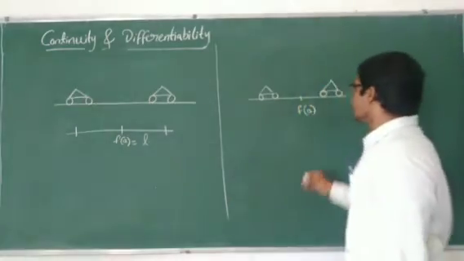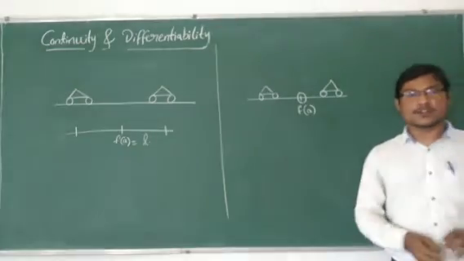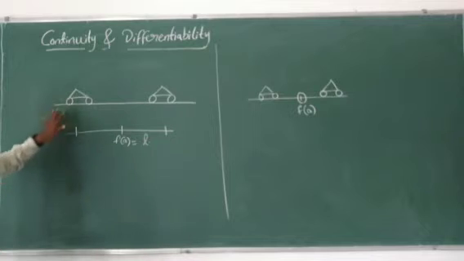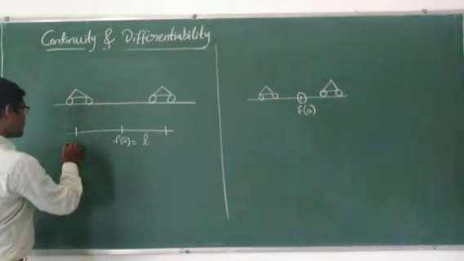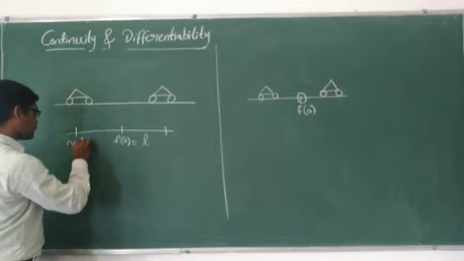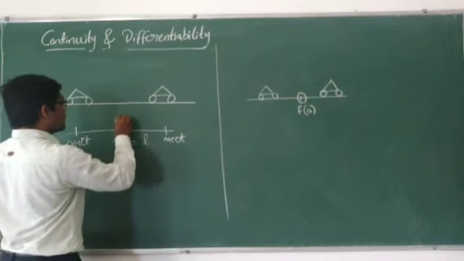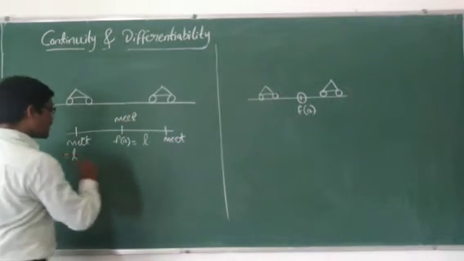Where do you have to meet? You have to meet exactly at f of a only. Clear? When you take a limit, you can meet at any point. You can meet here, you can meet here, or you can meet here also. Wherever you meet, that will be the limit.